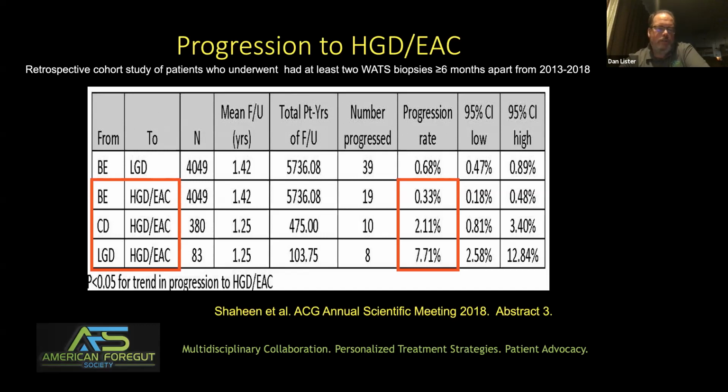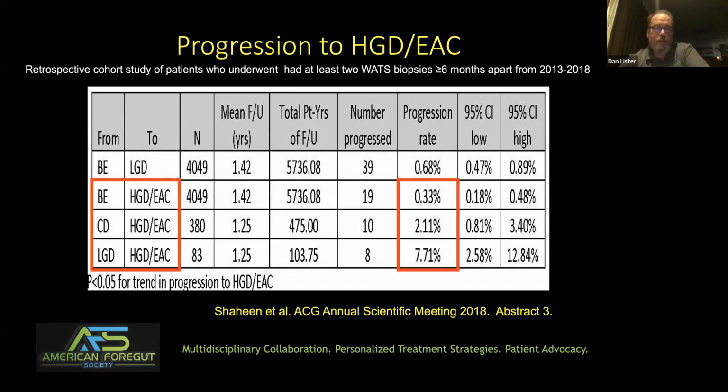And originally, we didn't know what to make of that, but this study out of Nick Shaheen's group showed that it definitely has a different progression rate than non-dysplastic Barrett's. The non-dysplastic Barrett's to high-grade dysplasia or cancer progression rate was 0.33%. The crypt dysplasia was 2.1%.